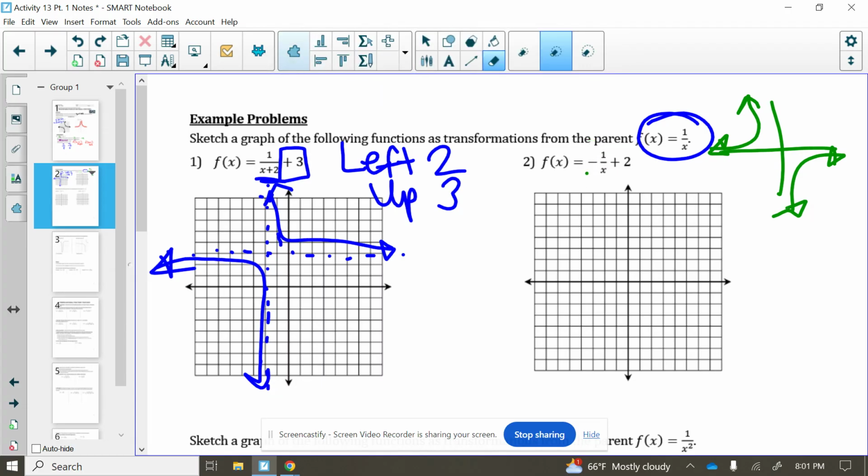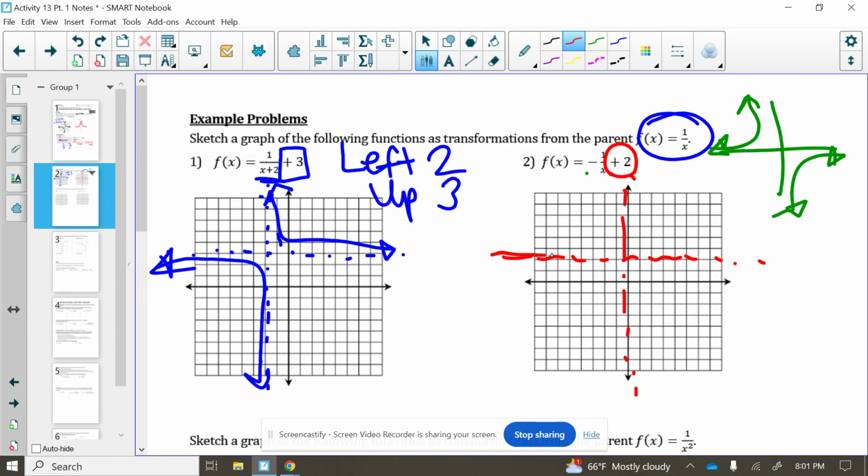We also have on this one the shift of our graph up 2 units. So again, that will end up shifting that horizontal asymptote. The vertical asymptote would stay through x equals 0. And then again, we talked about reflecting those graphs so that it is now following along in those opposite areas.